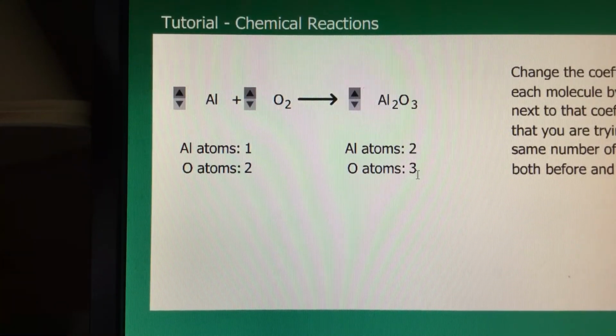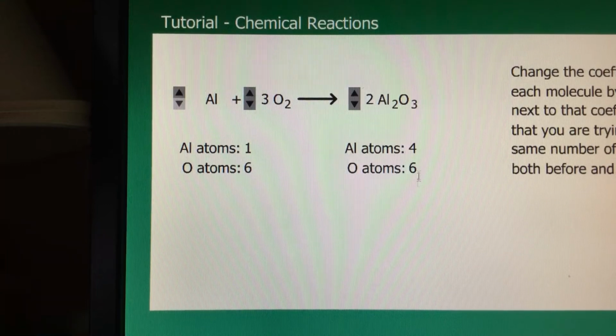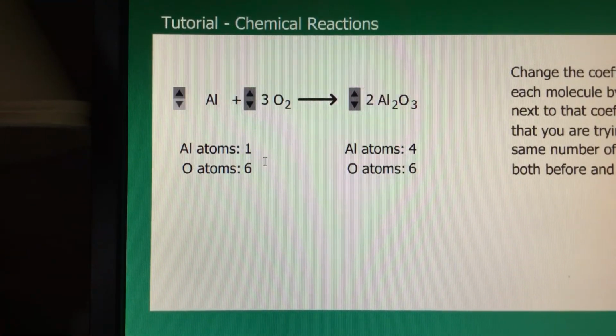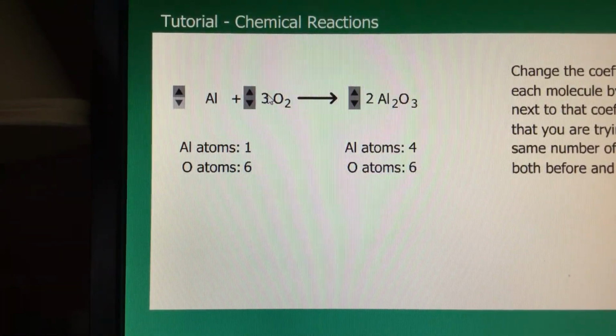So that tells me I do need to at least get an even number of oxygen here. So that's going to make a 6 on this side, and I'll put a 2 on this side. So 2 times 3 makes 6 oxygen atoms, and 3 times 2 makes 6 oxygen atoms on the reactant side.